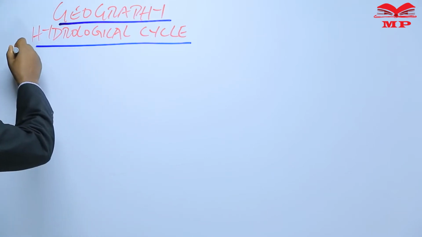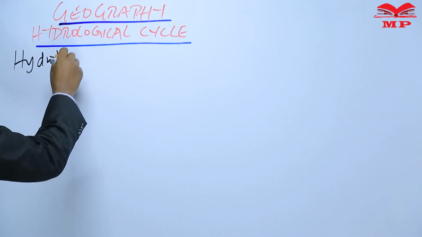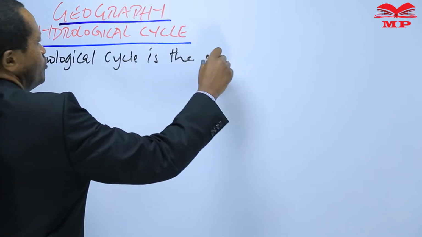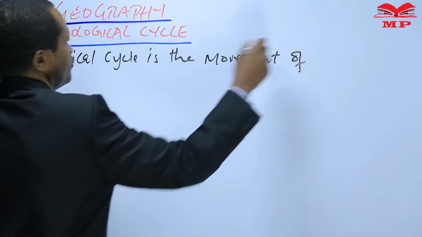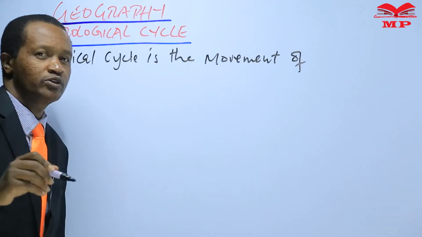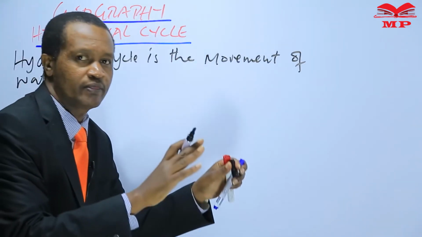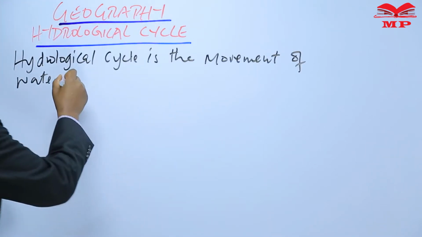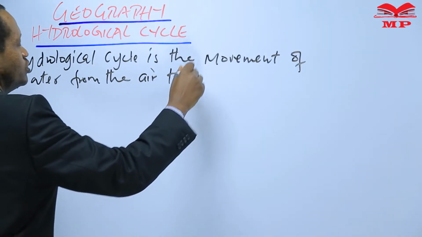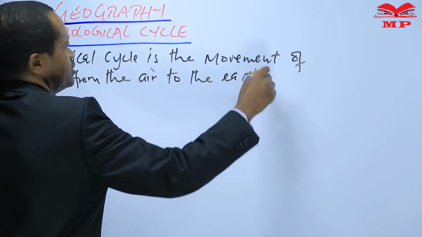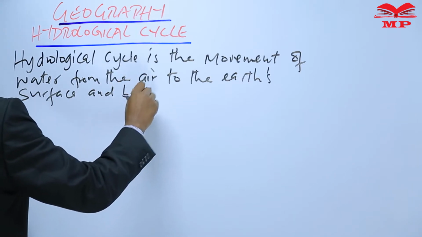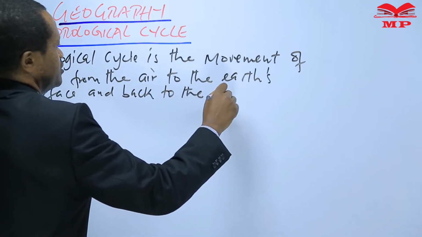We said that hydrological cycle is the movement of water from the air to the Earth's surface and back to the air again.